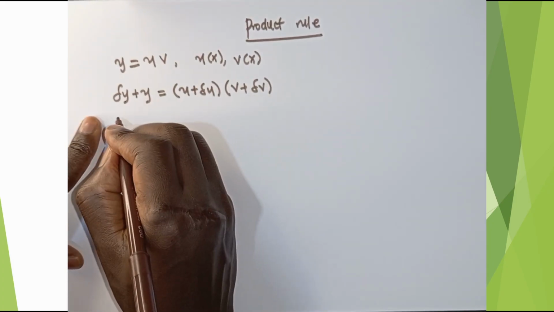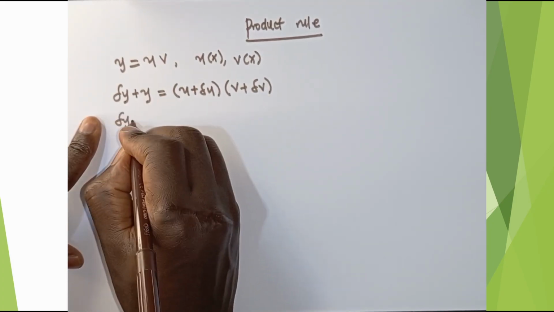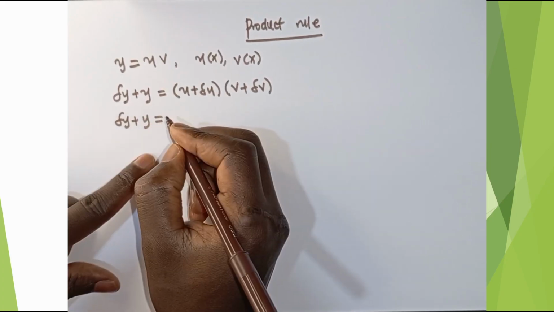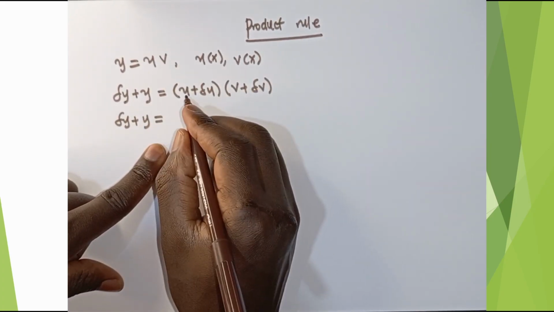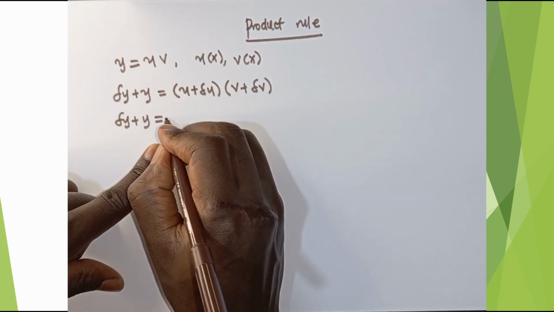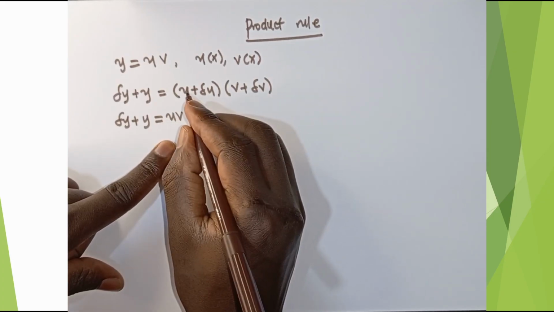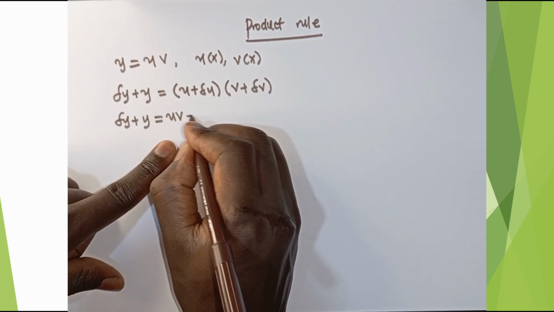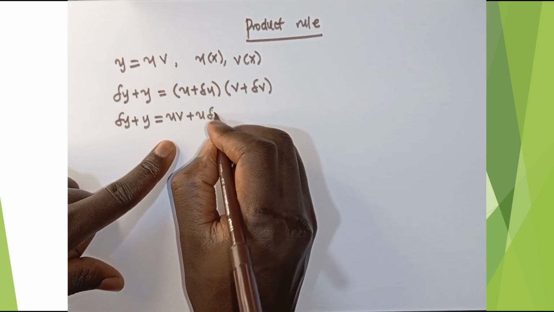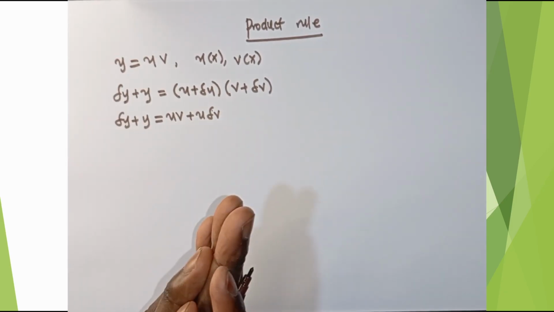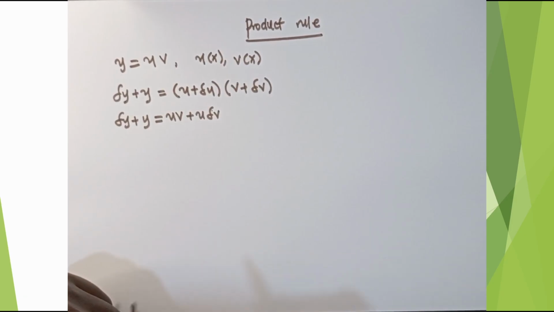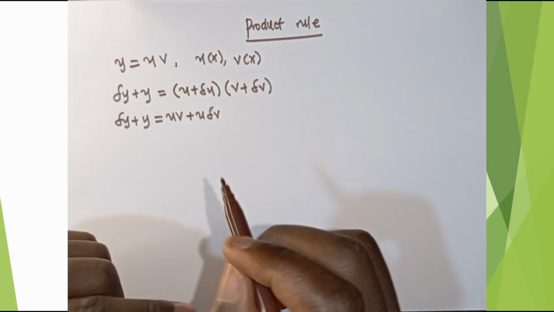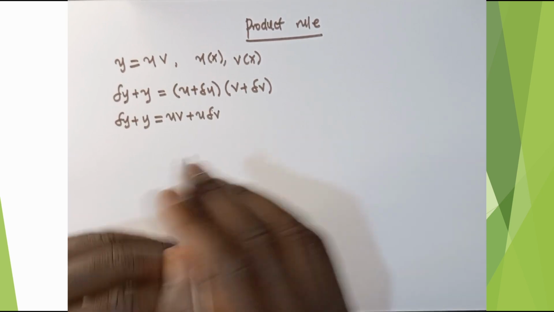Now, our y plus delta y is the same as, we can expand this. So when you expand this, we shall have this times that, we shall have uv, and then this times this, we shall have u delta v. I want you to stick with me such that you clearly understand the product rule, and at the end of this video I'll give you your trial question such that you fully understand what the product rule is.